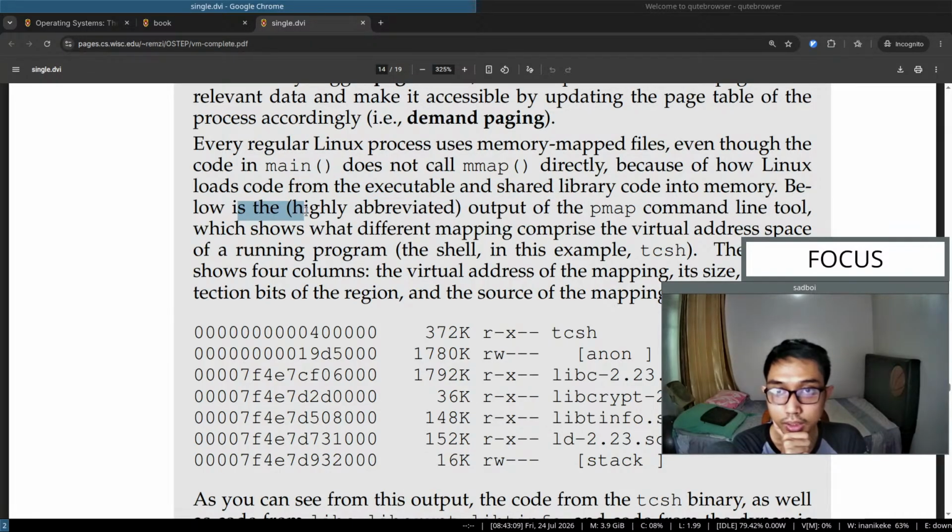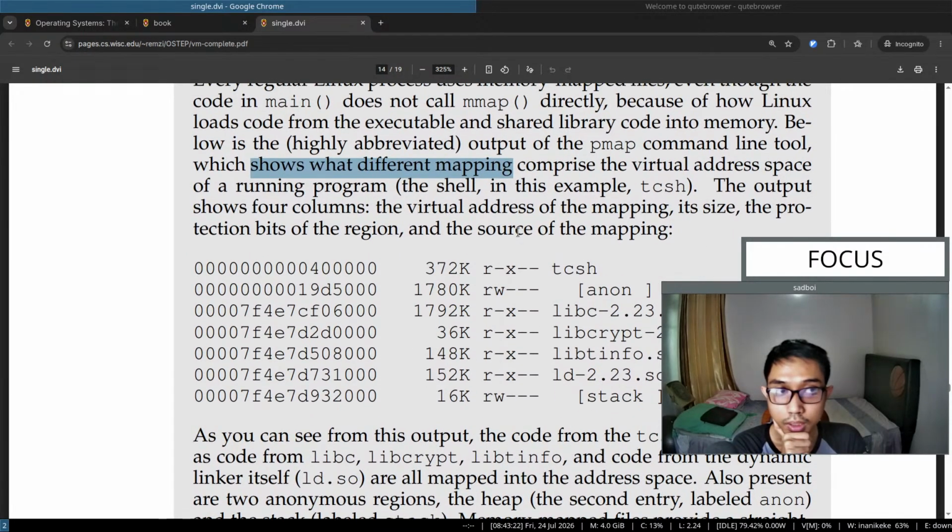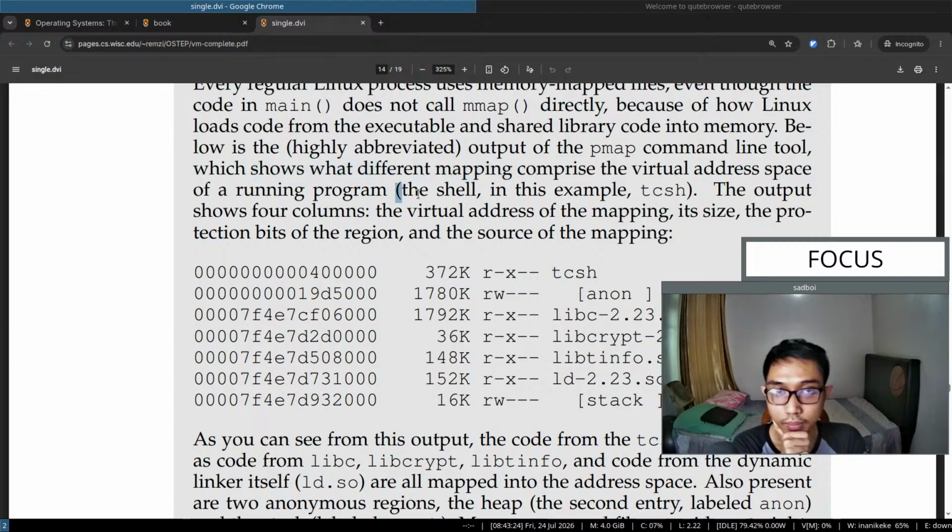Below is the highly abbreviated output of the pmap command line tool, which shows what different mappings comprise the virtual address space of a running program, the shell in this example, tcsh.